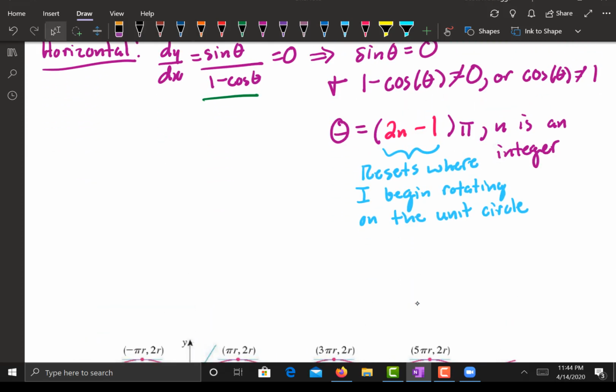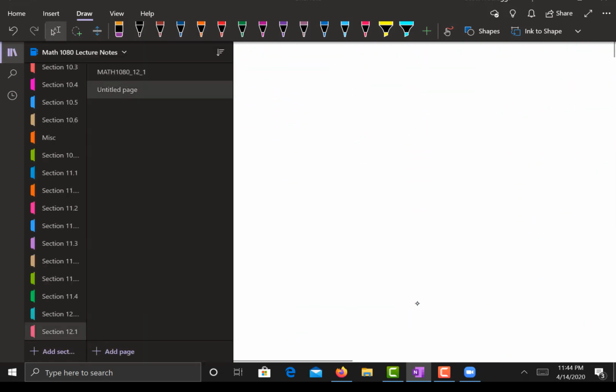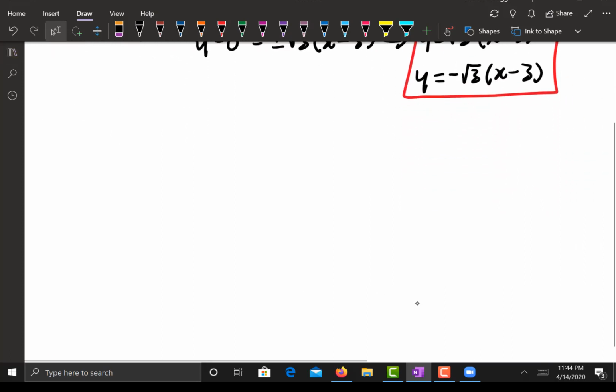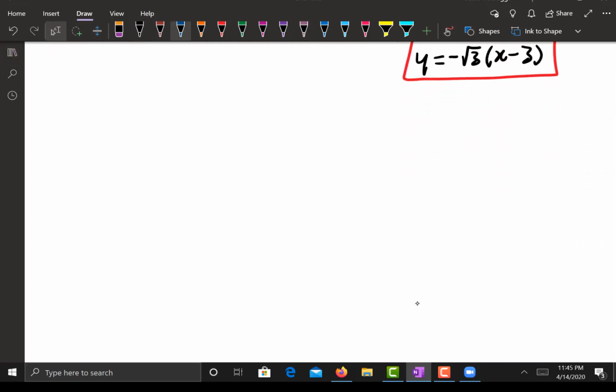All right. And I'm going to give us more room to talk about how we get a vertical tangent line. So I say, like before, we get a vertical tangent line when the slope is undefined.